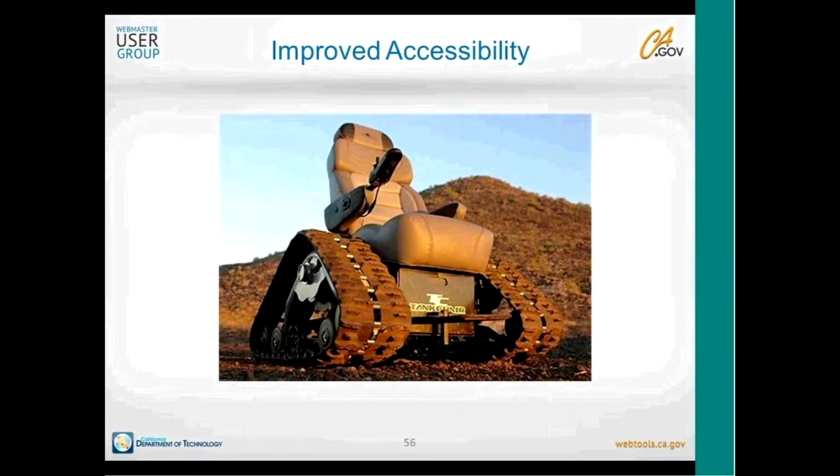Another thing that we're really proud of with this template is the improved accessibility. There's a lot of work that has gone into increasing the functionality and usability of the template for users of assistive technology, and we're really quite proud of that.